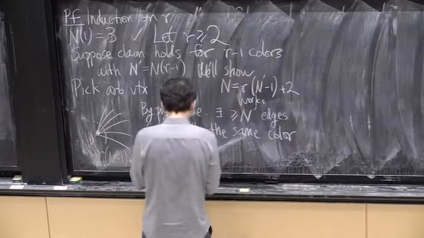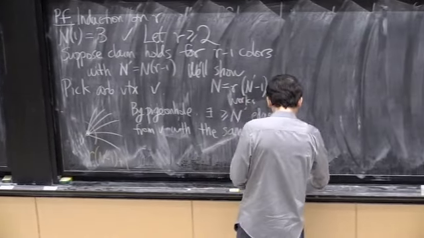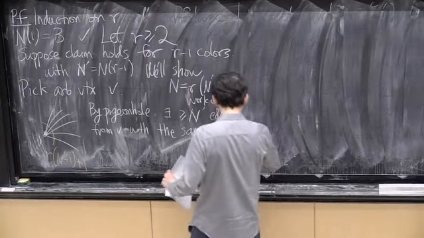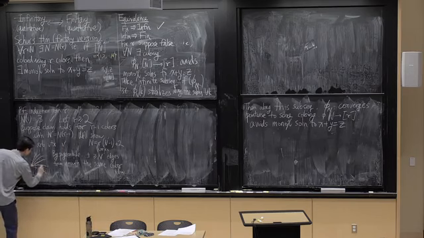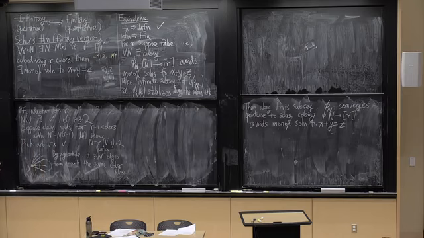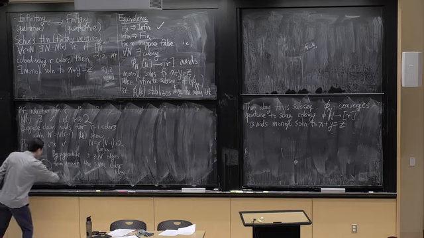Let's say yellow. Okay? So suppose yellow is the outgoing color. And let me call the set of vertices on the other end of these edges V naught.